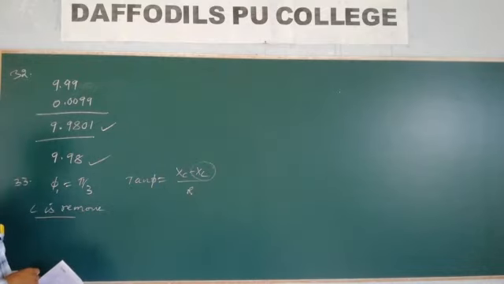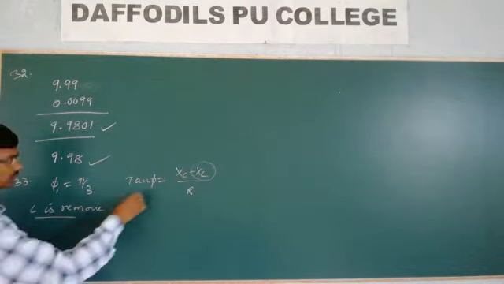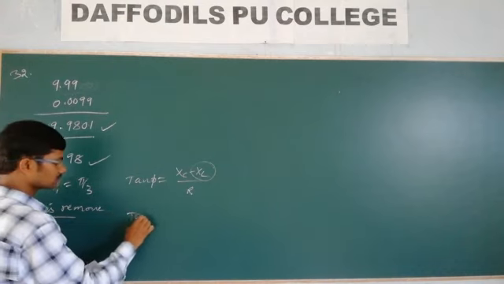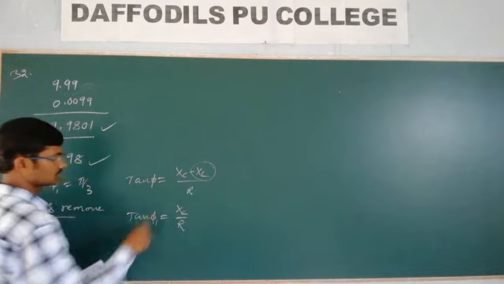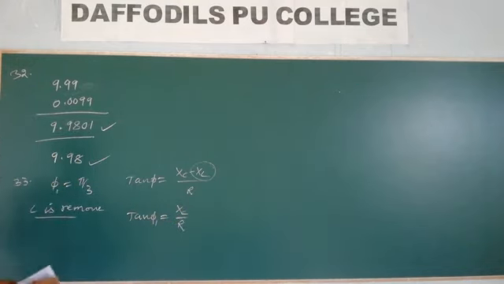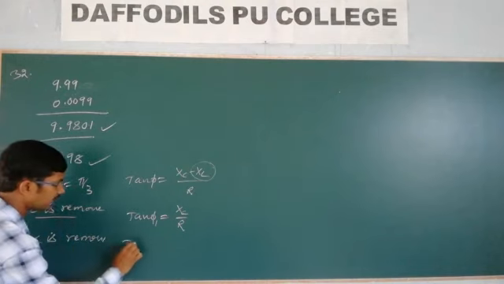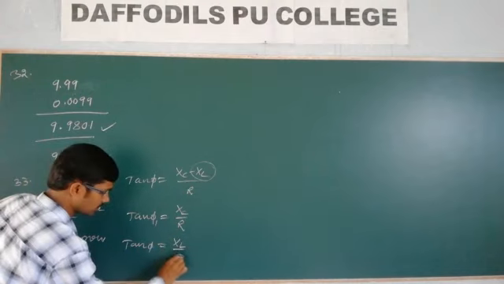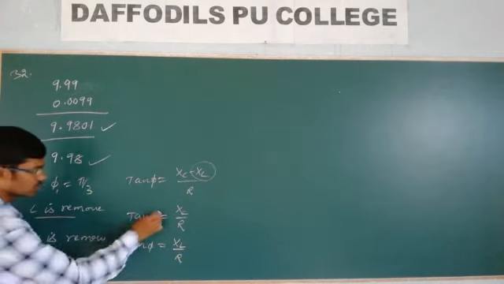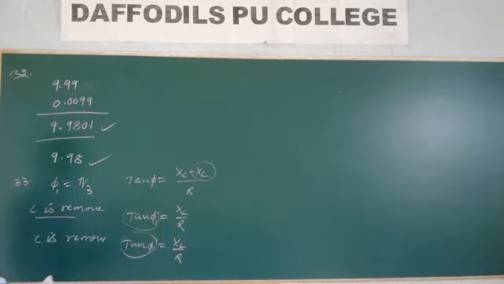We know tan phi is equal to Xc minus XL by R. Now, if L is removed, we will not consider this one, so tan phi 1 is equal to Xc by R when L is removed.